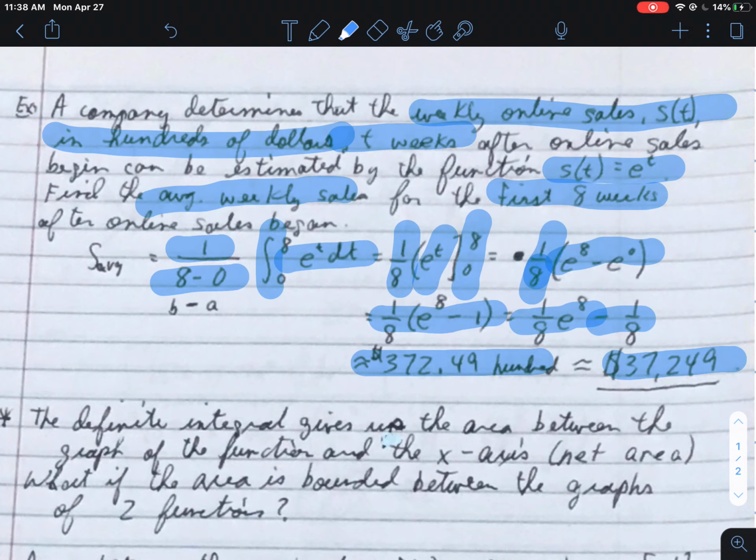So that would be our average weekly sales. I should put there per week as our unit, because that again is the average sales over that time span over the first 8 weeks. Okay, so it just adds a little bit extra to it. It's another little concept. We can put some application to the use of this definite integral.